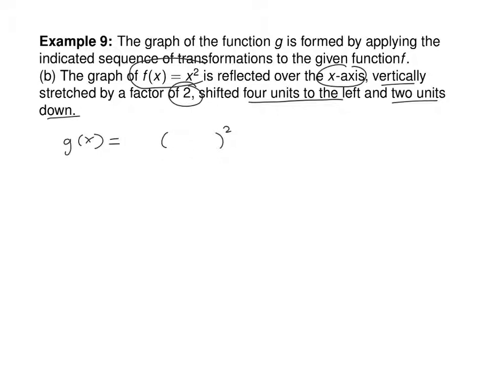So 2 units down would be a minus 2, right? How would you get the 4 units to the left? Plus 4, x plus 4. How would you get the flipping? And then the way you get this whole vertical factor of 2, you put a 2 there. So that's the only thing that's different.